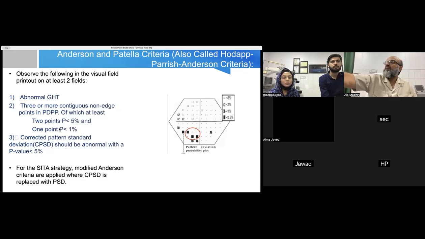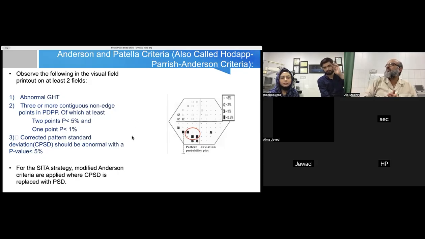Of which at least 2 of the points having p-value less than 5% and 1 point having p-value less than 1%. एक ये वाला और 2 ये वाले सिग्निफिकेंट, even वो डार्क भी ना हो, तो एक भी हो तो सिग्निफिकेंट.